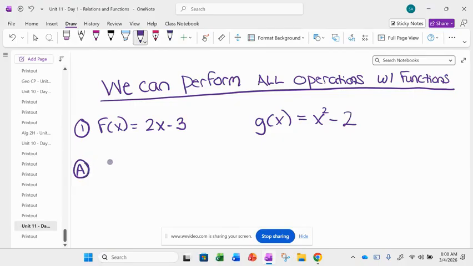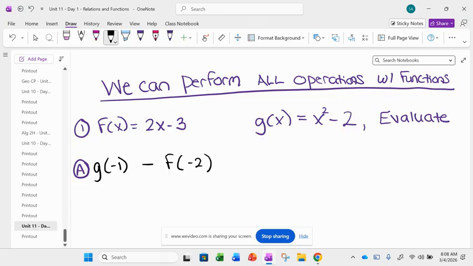I want us to evaluate g of -1 minus f of -2. Okay, so what does this want us to do?